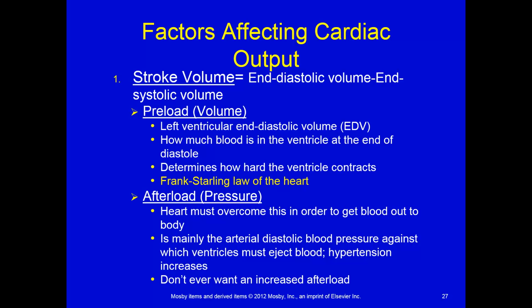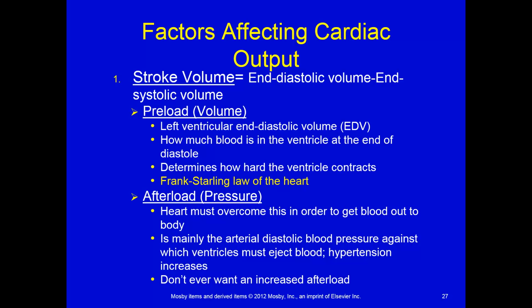The more you stretch that ventricle with blood, the harder it's going to contract back, right? So if you really fill that left ventricle, it's really going to snap and contract. If you have this little bitty amount of blood that fills the left ventricle, it's going to be weak when it contracts, okay?